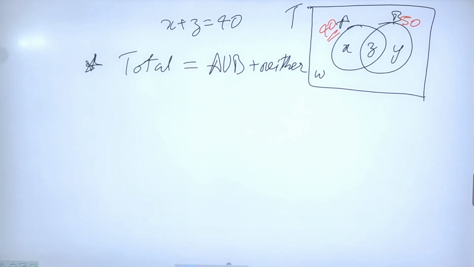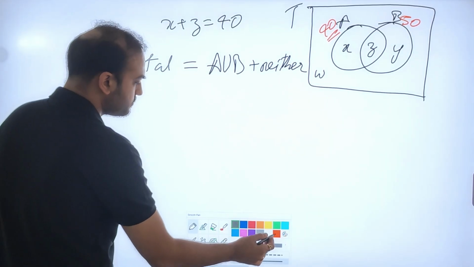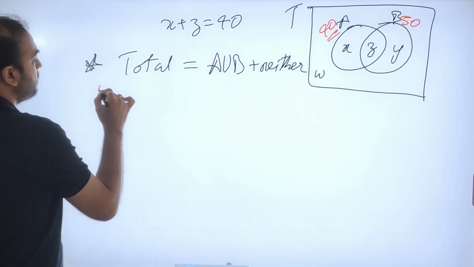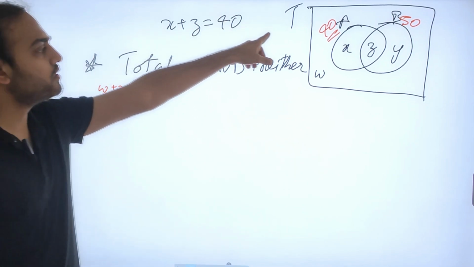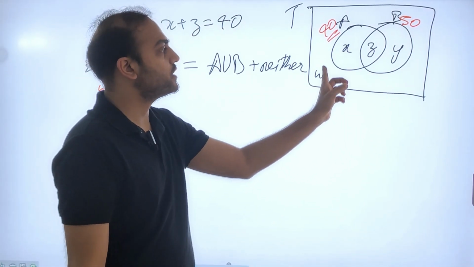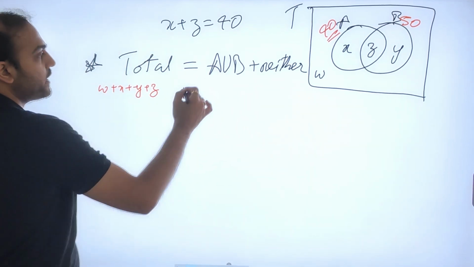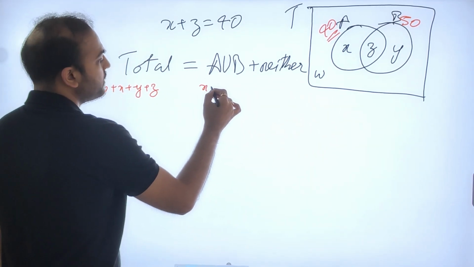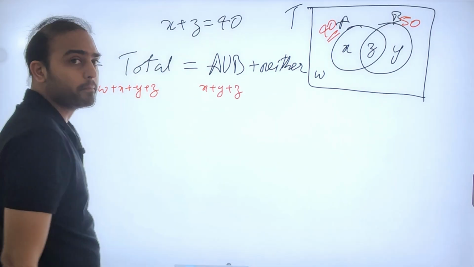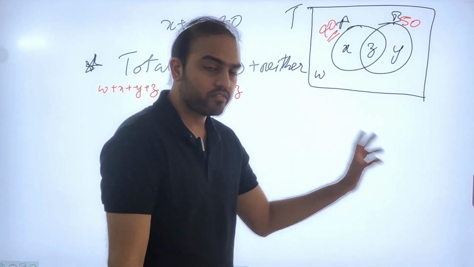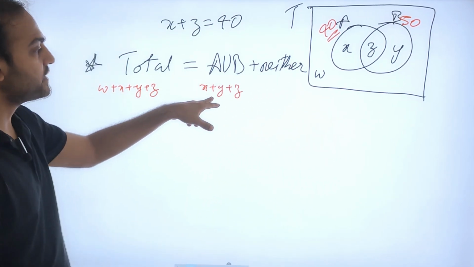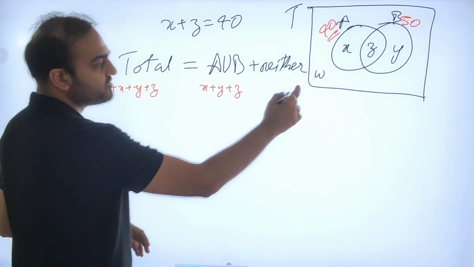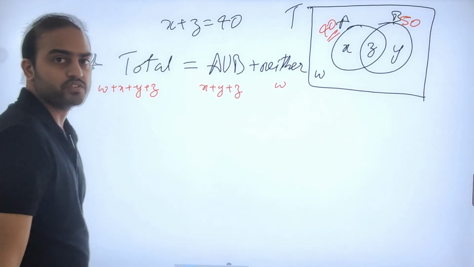Again, if you look at the Venn diagram, total is W plus X plus Y plus Z. Total is all the variables combined, that's W, X, Y, Z. A union B is X plus Y plus Z. If you remember, this is what we did in the previous part. We wrote that A union B means either A or B or both, so that is X, Y, Z. W is left, that is why we add neither, which is W.